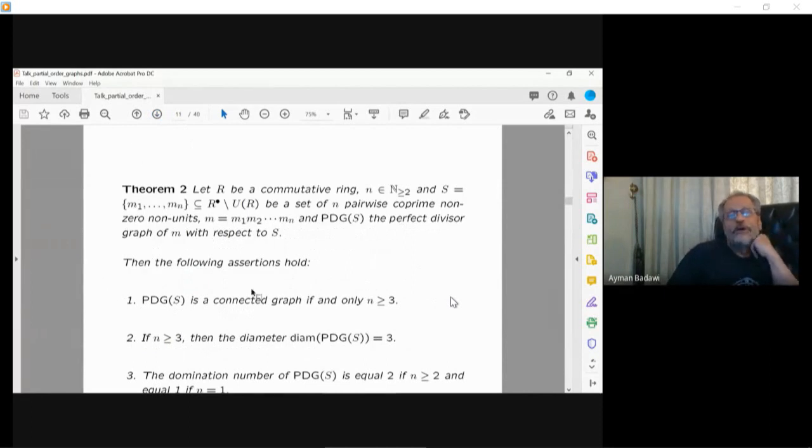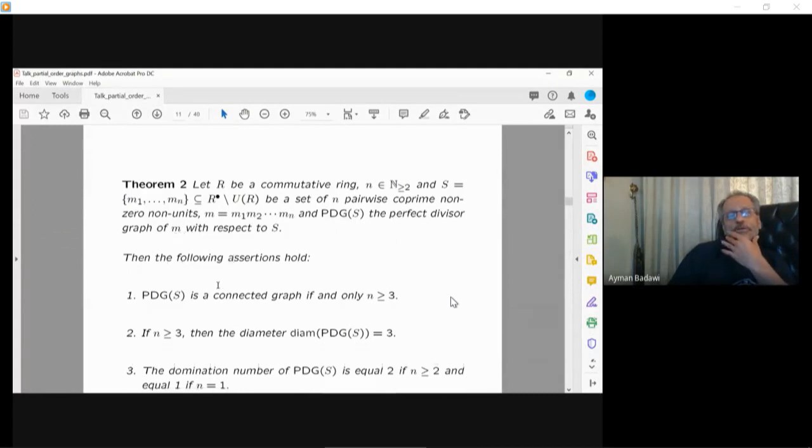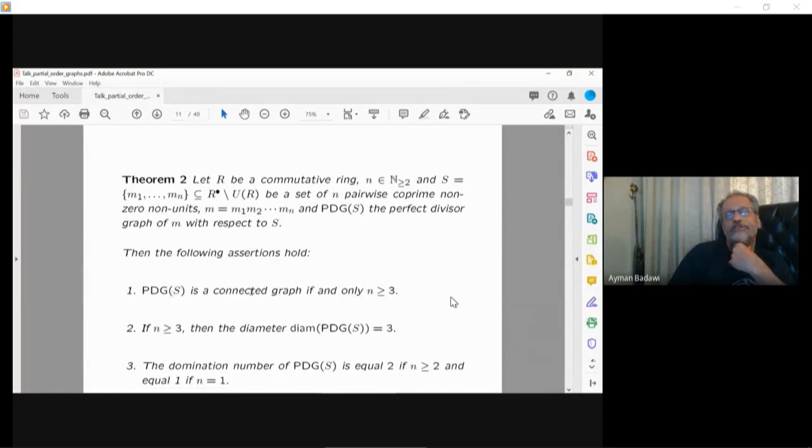What are the properties of this graph, the perfect divisor graph on a set S? So you get the picture of how I form this graph. It's the perfect divisor graph with M. And the following hold: this graph is connected if and only if n is bigger or equal to 3.